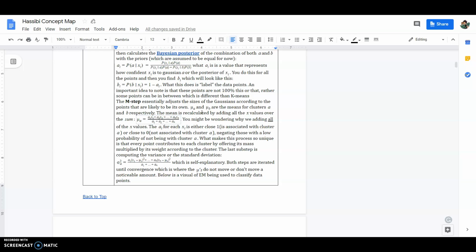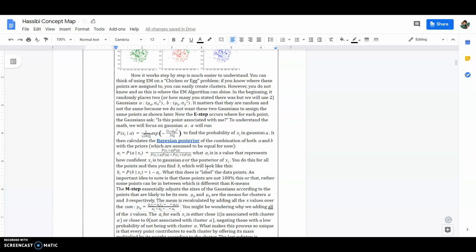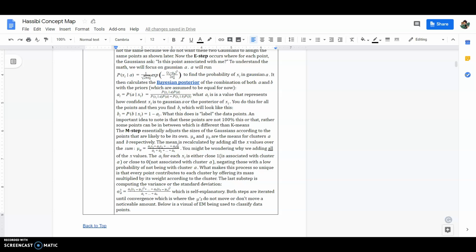And so you might be saying, well, that doesn't answer my question. It's still a little bit pointless. But that all changes when I mention the points that are in between, that are not 100% this or that. Let's say X of n is in between. So this A of n could be 0.5, and this A of n right below here contributes a little bit to the number of values there are.